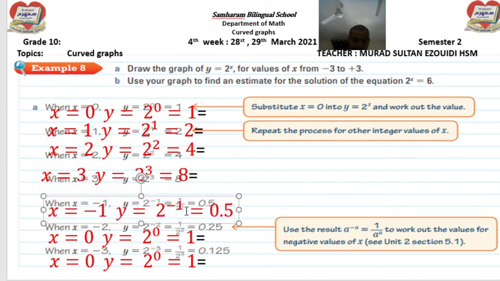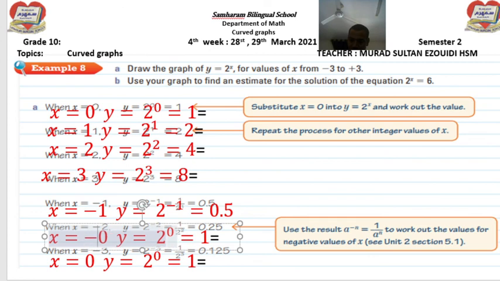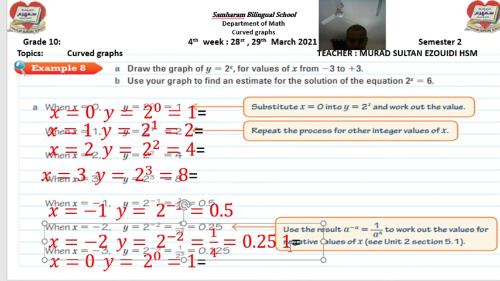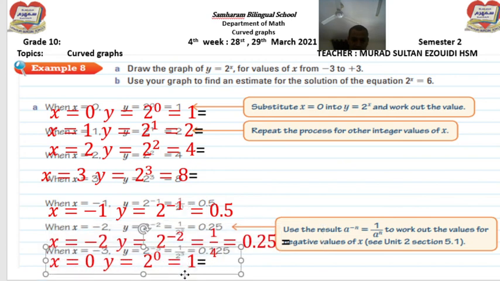Then when x equals minus 2, 2 to the power minus 2 will be 1 over 4, also equal to 0.25, and so on. And when x equals negative 3, it will be 1 over 8.